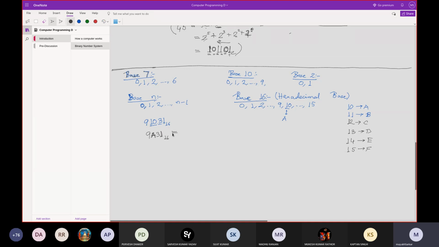So 1 remains as it is because it is eventually 1 into 16 to the power 0, plus, because now the base is 16, remember, 3 into 16 to the power 1, so 16 only, plus A means 10, so 10 into 16 square, plus 9 into 16 cube.